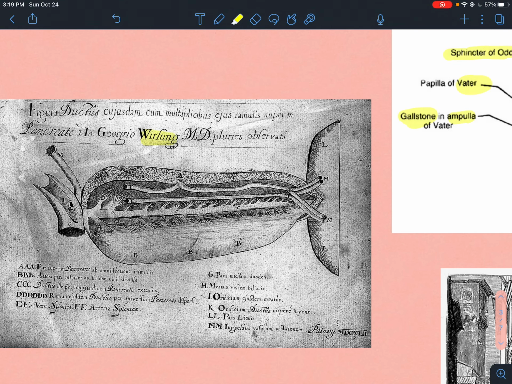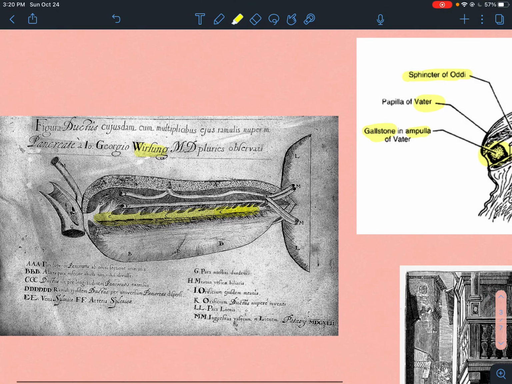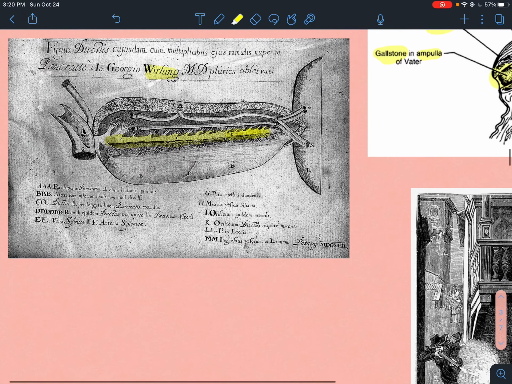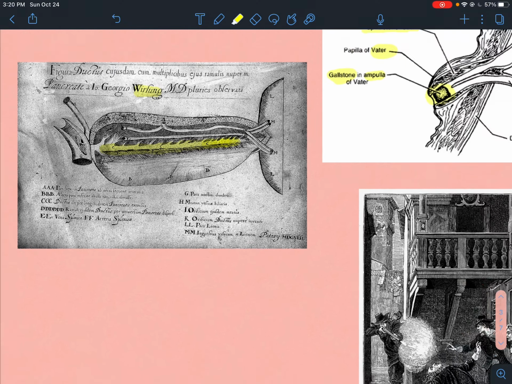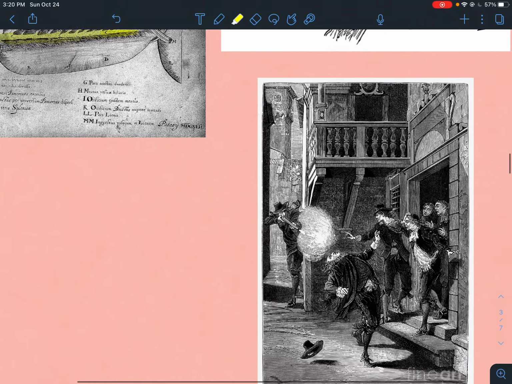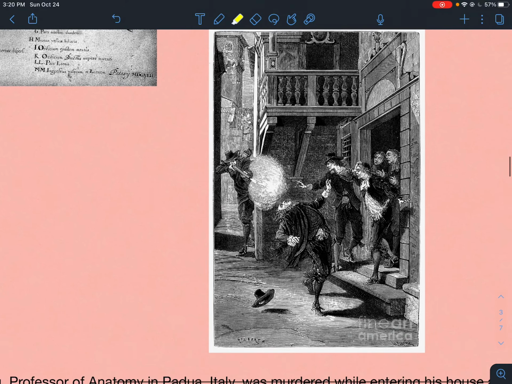And you can see that pancreas right there with that duct going down the middle. The reason why we call it the duct of Wirsung is because he is the one that we believe discovered that duct for the first time. However, there's a very interesting story behind this, as is being shown by this drawing over here.